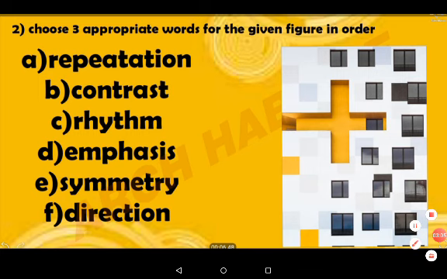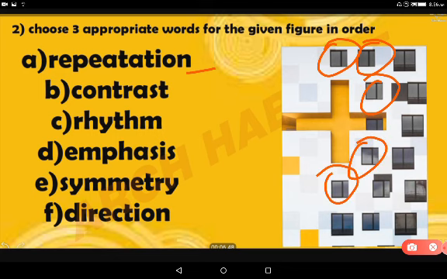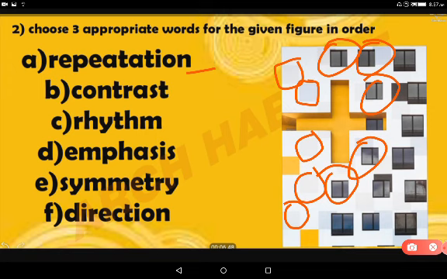See, there is a repetition of the windows, same windows, the squares over the pattern. Okay, the squares are repeating. Okay, but the most thing we can see here is contrast. The contrast between the yellow and white color.